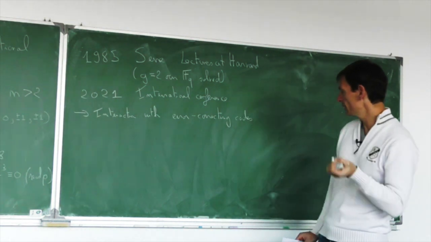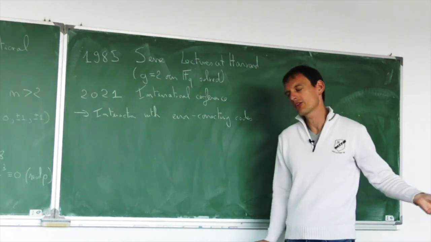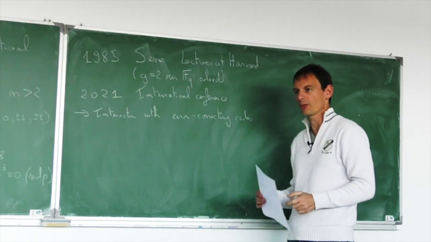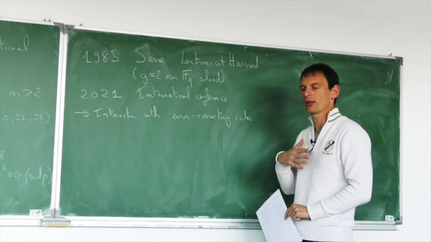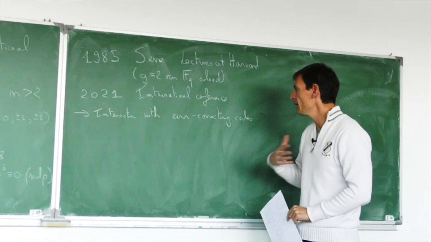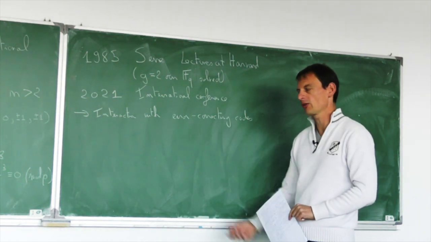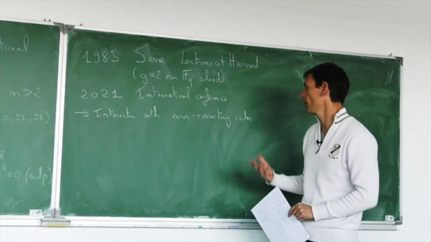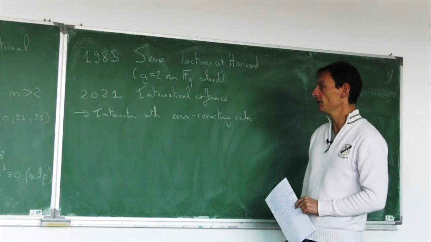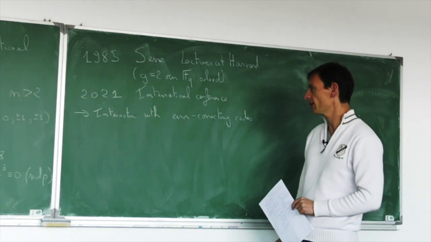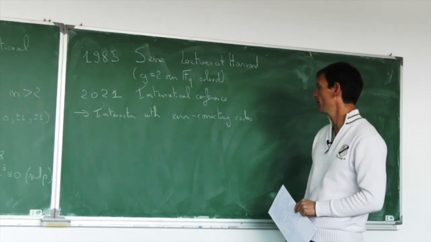Error correcting codes are the codes that help you to correct errors, because each time that you try to communicate something across a channel, whether an electronic one, the voice, any kind of support, then you have errors that are introduced in the communication, and you want to correct them in the best way possible. And that's the big and nice surprise with mathematics, that curves over finite fields play a role in this very applied area.